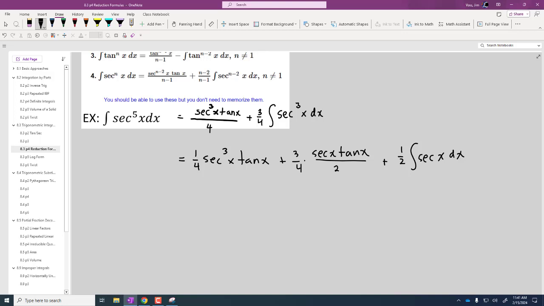And now we talked about the integral of secant. One thing I pointed out was that other than sine and cosine integrating to each other, the other 4, cotangent, tangent, cosecant, secant, they all integrate to logs. And so this is going to be 1/4 secant cubed tan x.